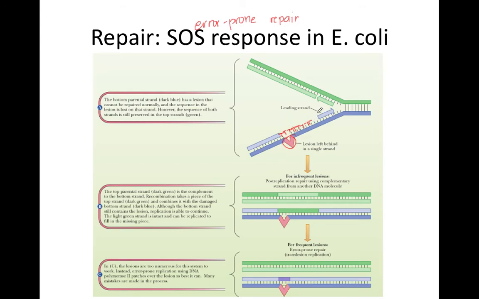This is kind of like when you encounter a multiple choice question and you don't know how to answer it. You just randomly guess A, B, C, or D, because you'd rather have an answer than leave the question blank. That's how error-prone repair also works. The DNA polymerase would rather have some random bases placed here than leave it blank and terminate replication prematurely.